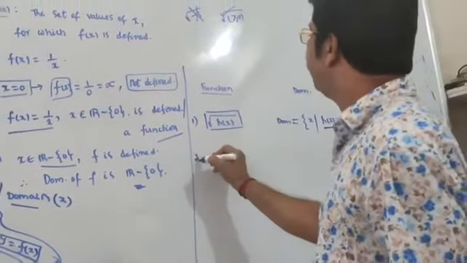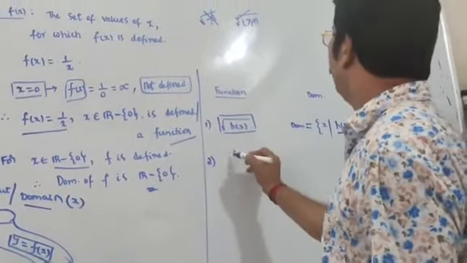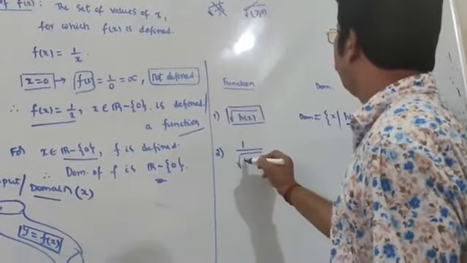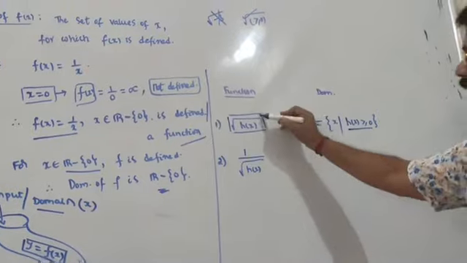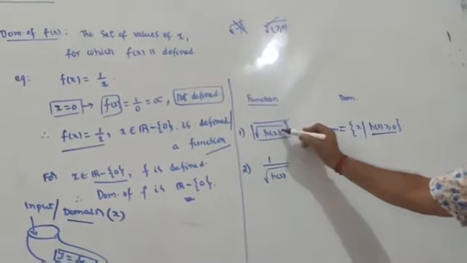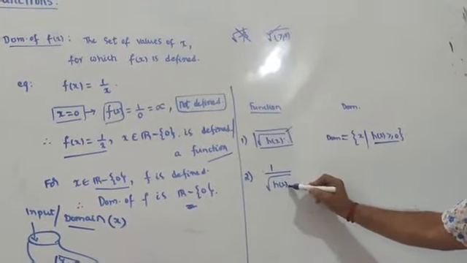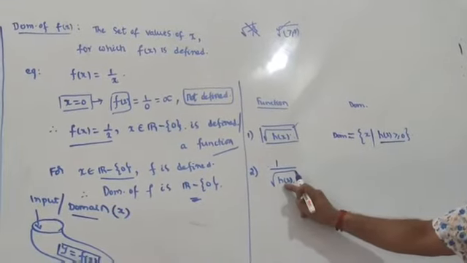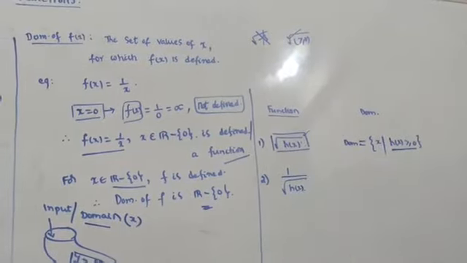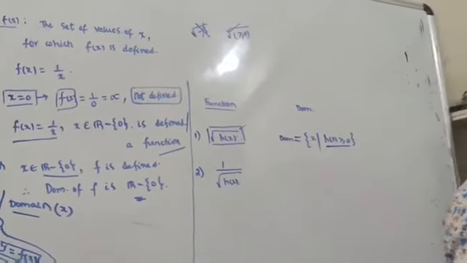Next, number 2: 1 by square root of h of x. What is the difference between these two functions? It is in the denominator. So the variation is, it should not be equal to 0. If it is equal to 0, root of 0 is 0, and 1 by 0 is not defined.